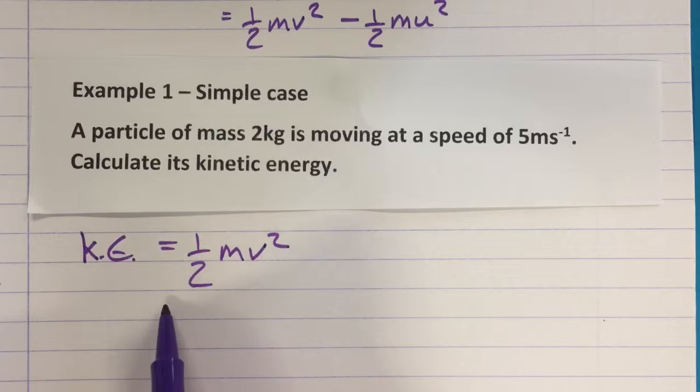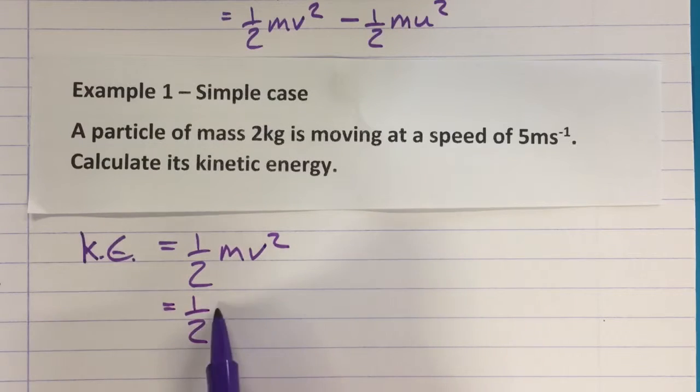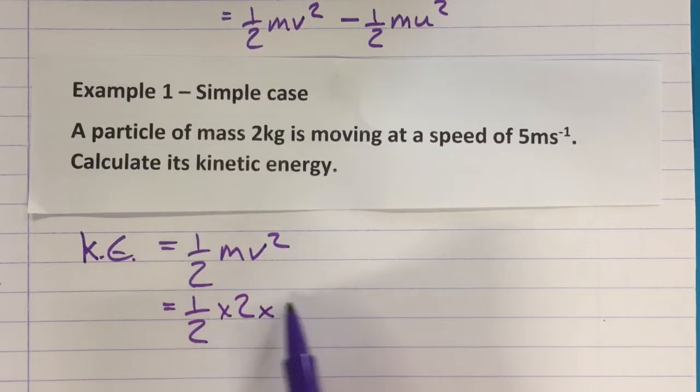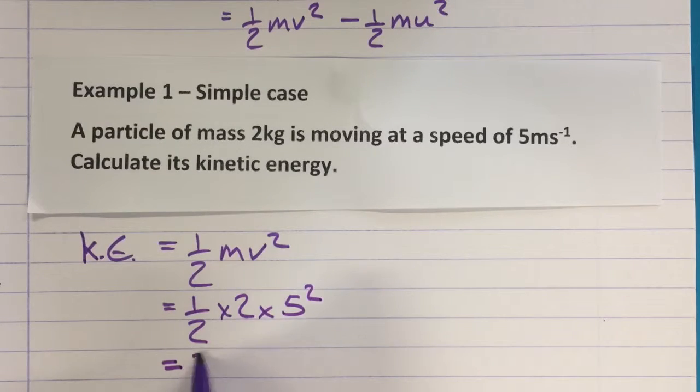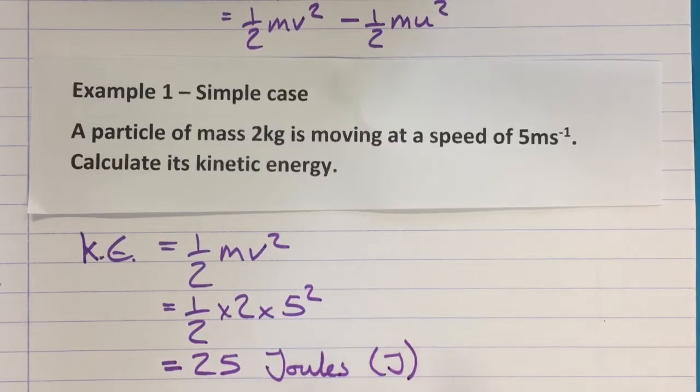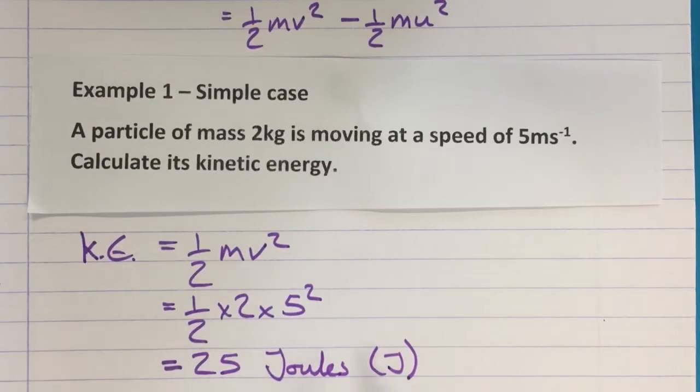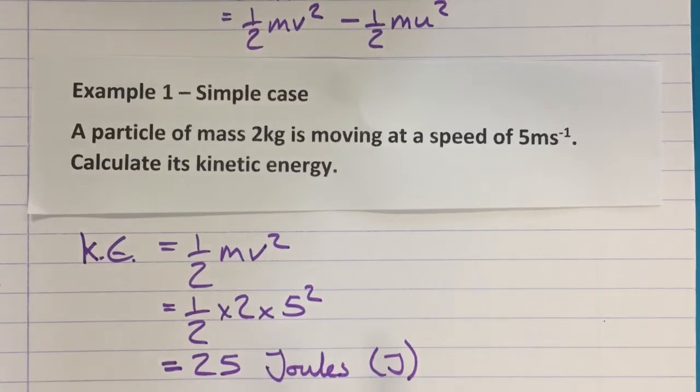So in this case, that would equal half times 2 times 5 squared, which would equal 25 joules, which we generally just write as a J. We talked about joules last lesson being the unit that we used for energy. And that's it. Simple as that.